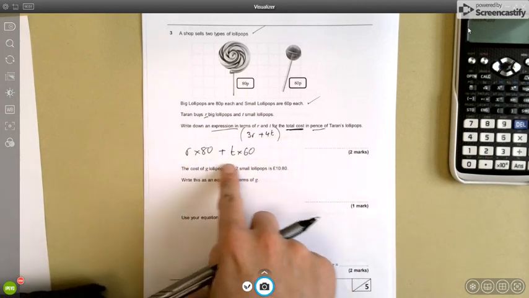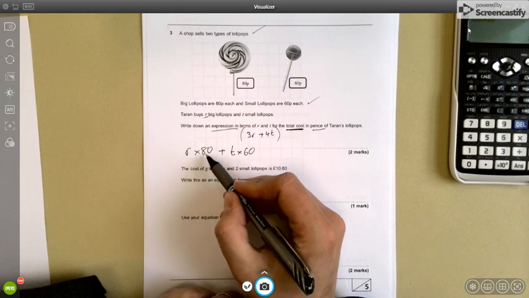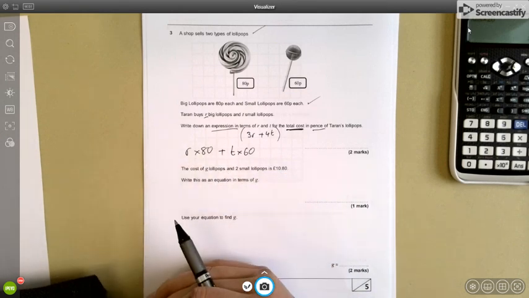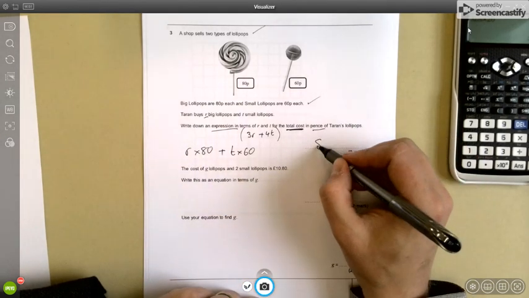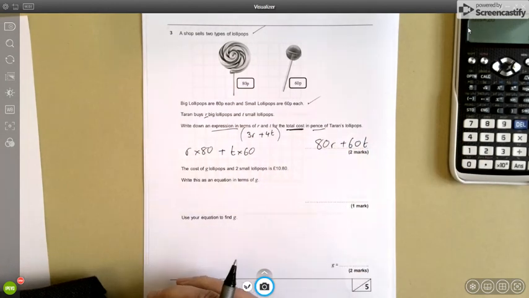Now that is my rough work. You wouldn't write algebra like that. R times 80, we would write that as 80R. So I'm going to put my final answer here as 80R plus 60T. It's just an expression, we don't need an equals in it.